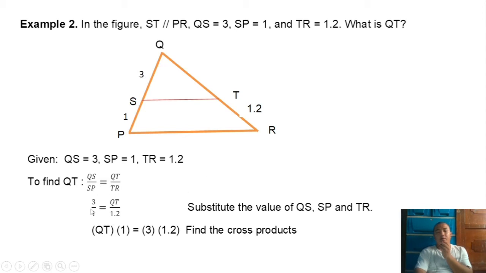So this will be our equation. By cross multiplication, we have QT times 1 is QT, 3 times 1.2 is, I mean, 3.6. So therefore, the length of QT is 3.6.